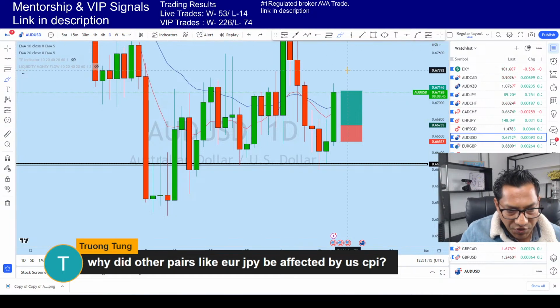Now even if you don't have access to fundamentals, the key point here, guys, is that as a retail trader you will never have the full information about what's happening with the big boys, banks or the institutional traders.